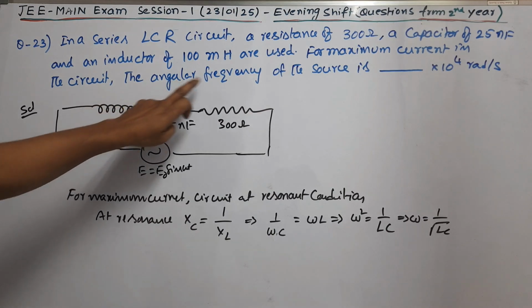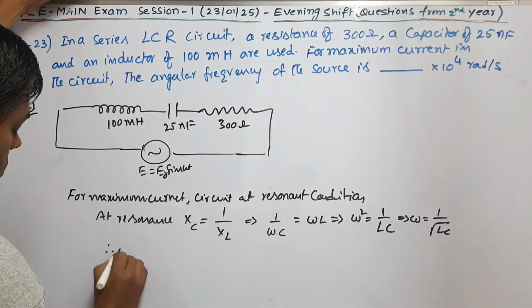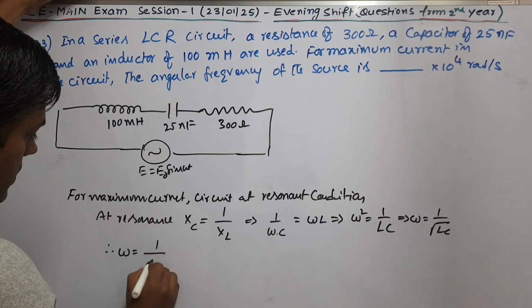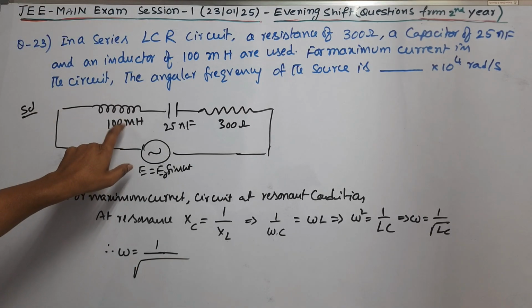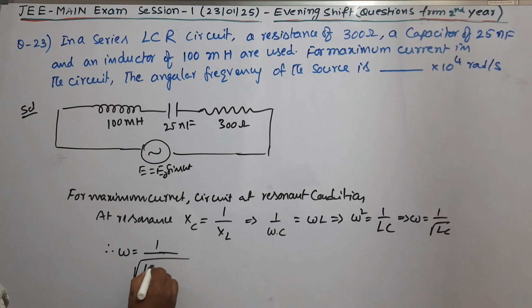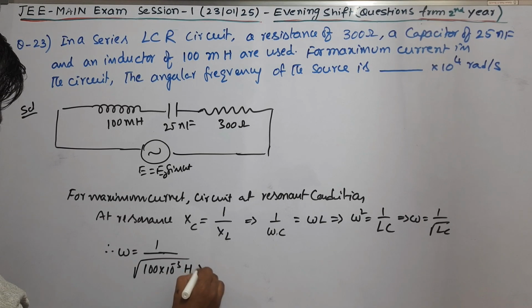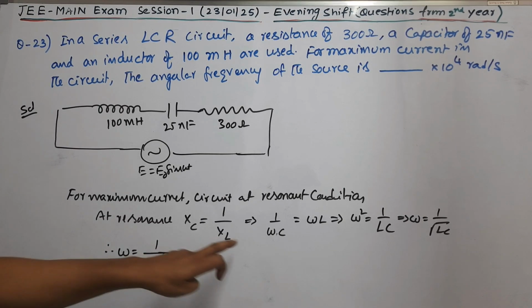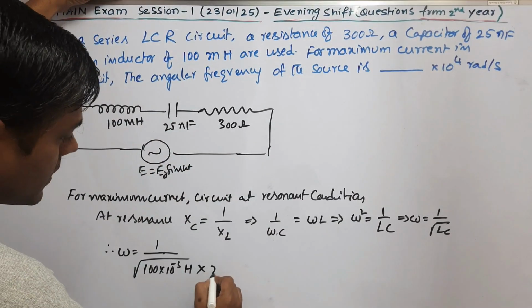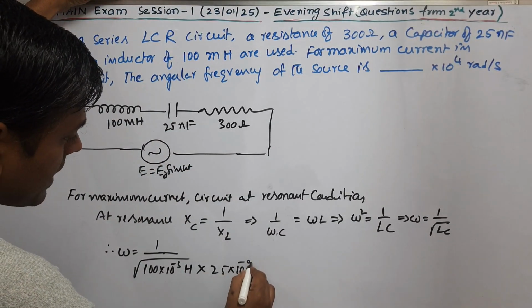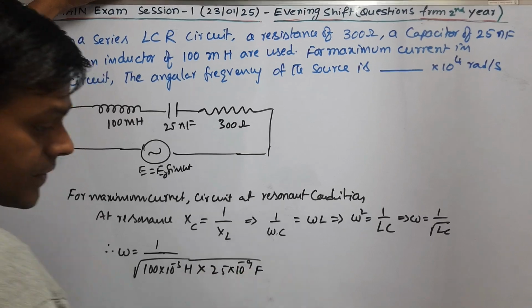Therefore the angular frequency omega is equal to 1 by root of L, the inductor, which is 100 into 10 power minus 3 henry, into C, the capacitor, 25 into 10 power minus 9 farads.